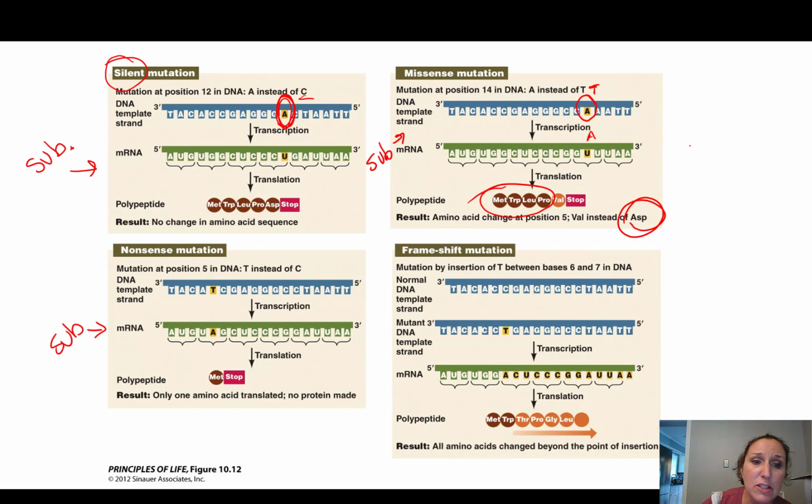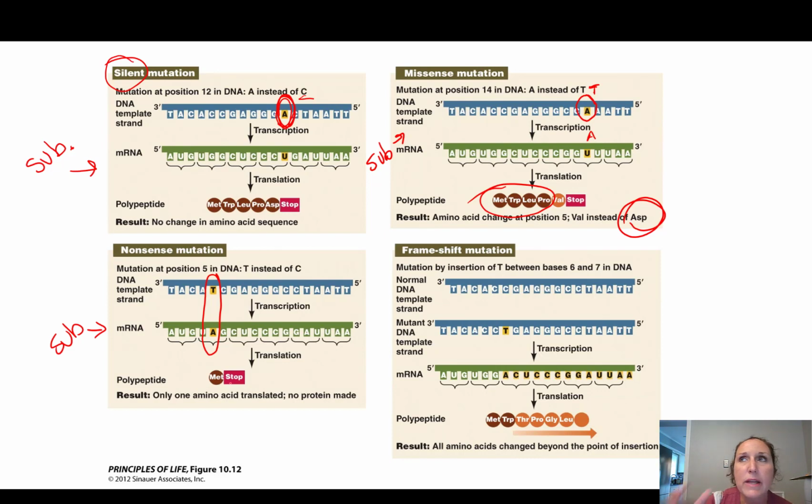Now, a nonsense mutation is essentially when we have a mutation, a point mutation that codes for a stop codon. So that means that the protein doesn't get made or it cuts off prematurely because we accidentally created a stop codon where there should have been more amino acids.